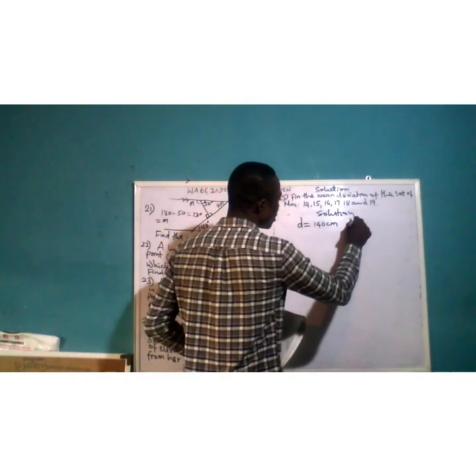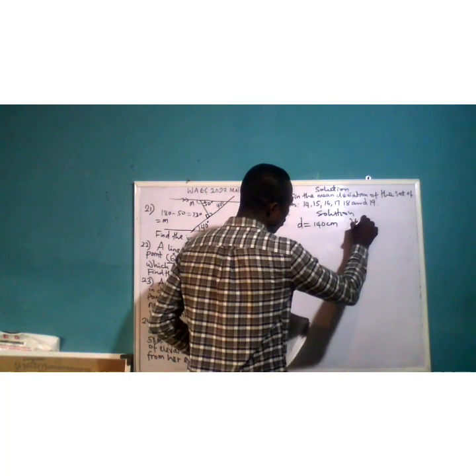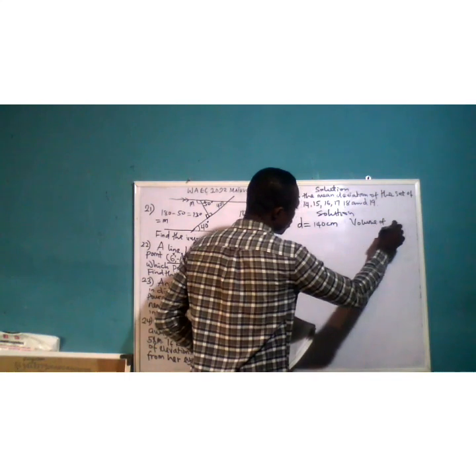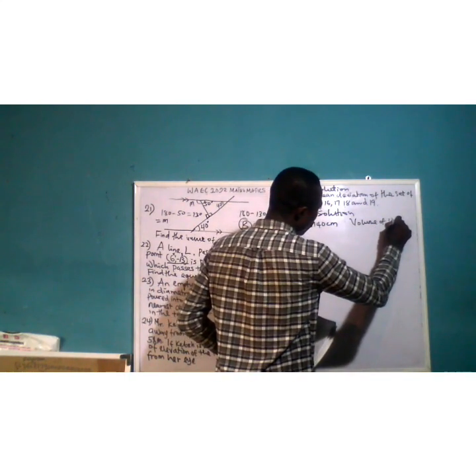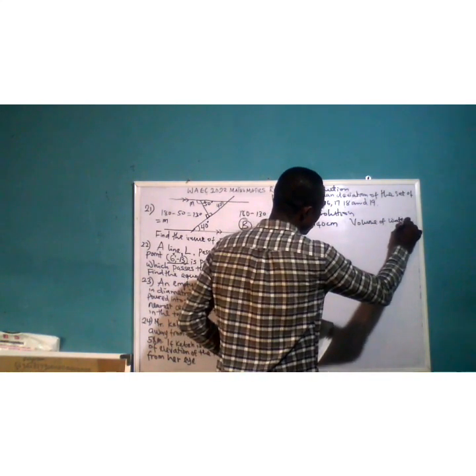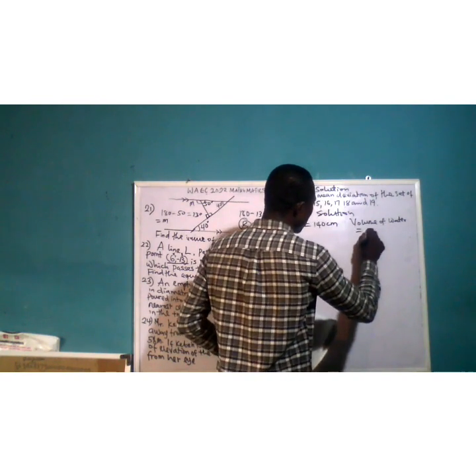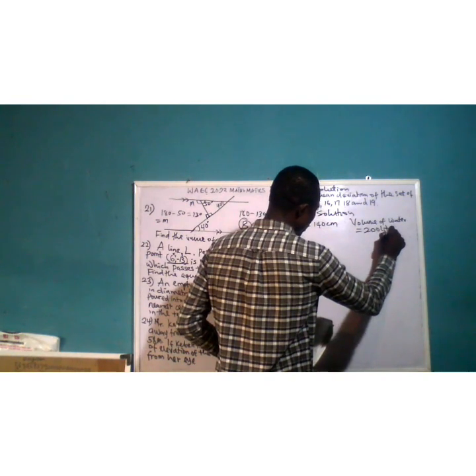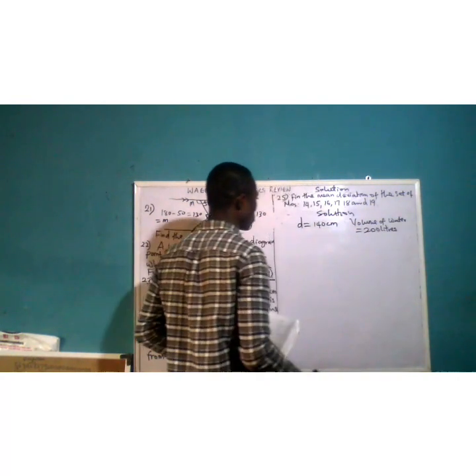So the volume V of the water poured into this cylindrical tank is equal to 200 liters.